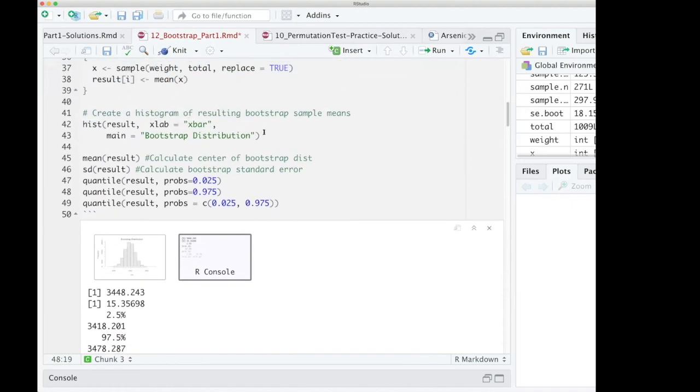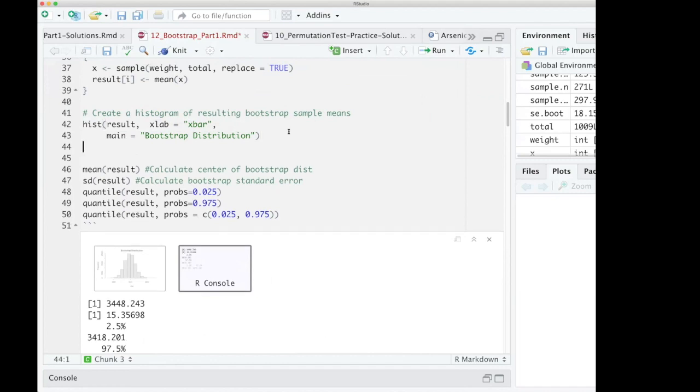And so what's nice to do with these histograms, like we did with permutation distributions, where we were marking the location of our observed sample on those histograms, is that here it might be nice to just add vertical lines. The command for a vertical line is abline. I'm going to set this one at the lower value.